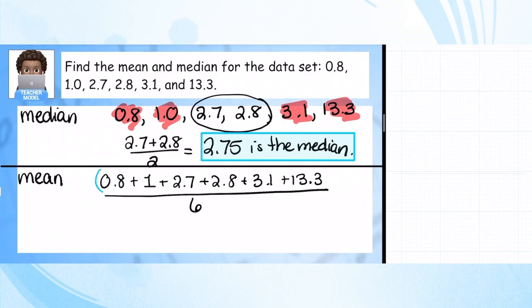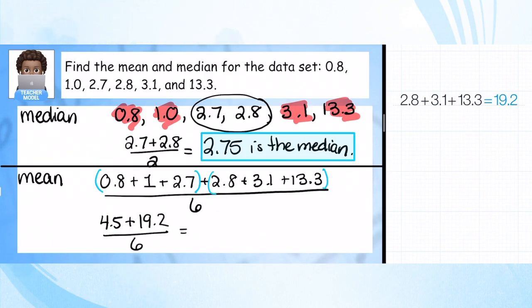So I'm going to chunk these 3 numbers first, and then chunk these 3 numbers, just so that I'm less likely to make a mistake. Okay, so I get 4 and 5/10 for the first set, and 19 and 2/10 for the second set. I'm just triple checking. Yes, everything looks good. All right, now I can do my last part.